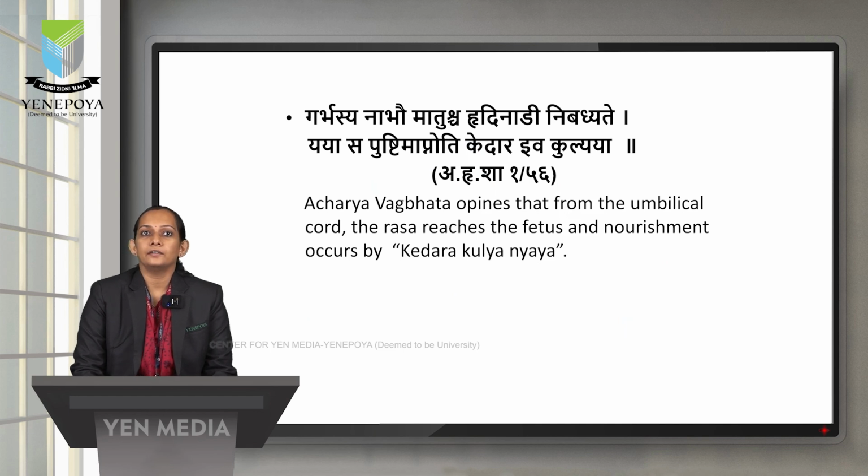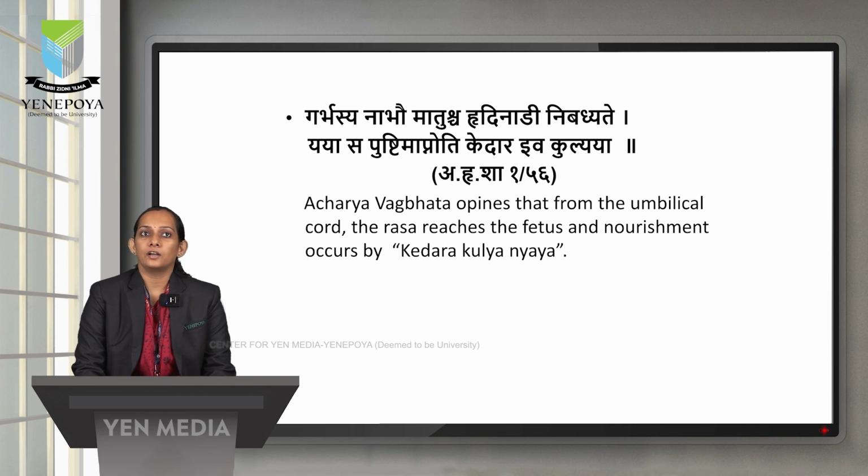Coming to another reference, according to Ashtanga Hridaya: Garbhasya nabhau matuscha hridi nadi nibadhyate yaya sa pushtim apnoti kedara iva kulyaya. Acharya Vagbhata says that from the umbilical cord, the rasa reaches the fetus and nourishment occurs by Kedara Kulya Nyaya.